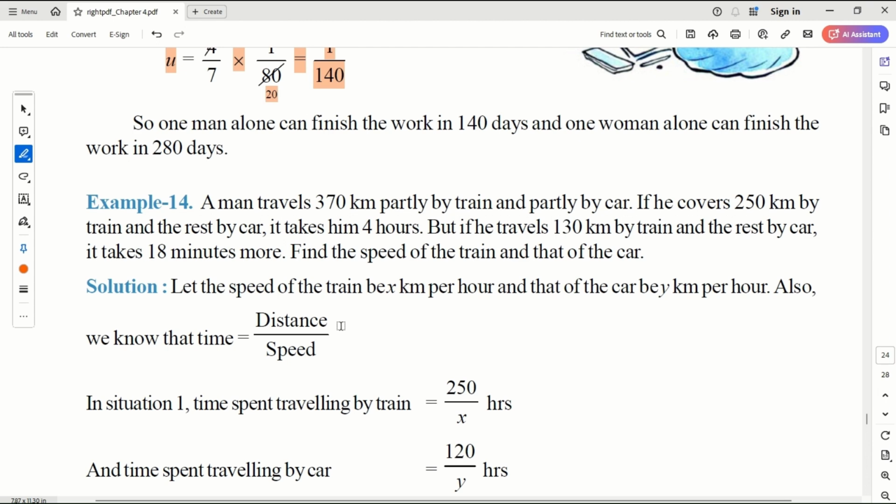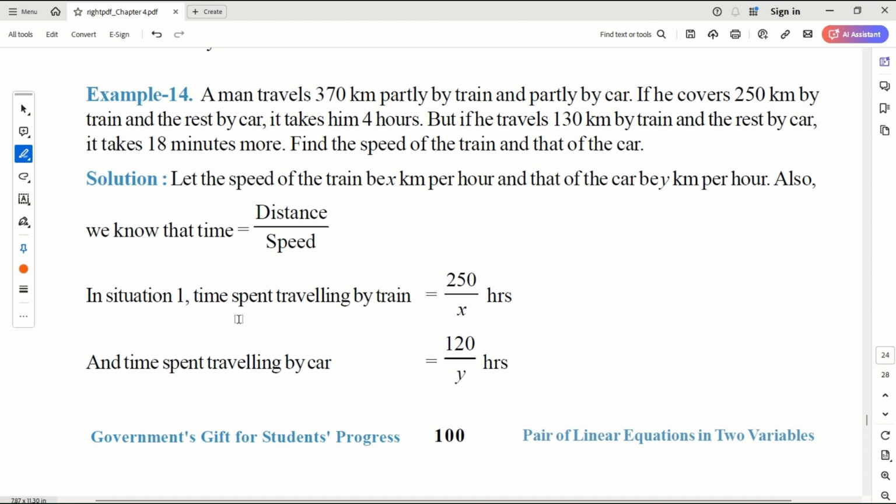Know that time is equal to distance by speed. So let the speed of the train be x kilometers per hour and the speed of the car be y kilometers per hour.